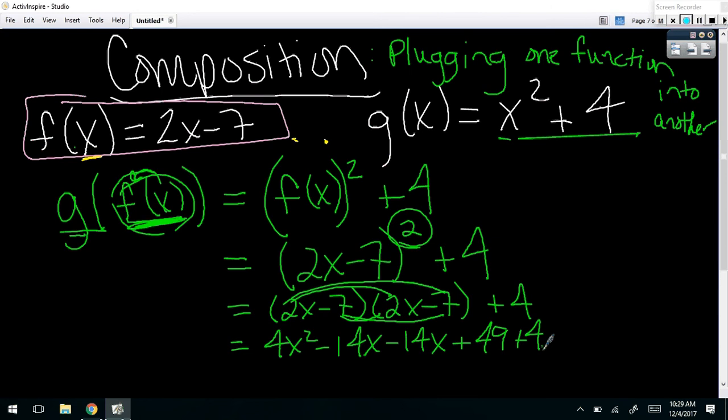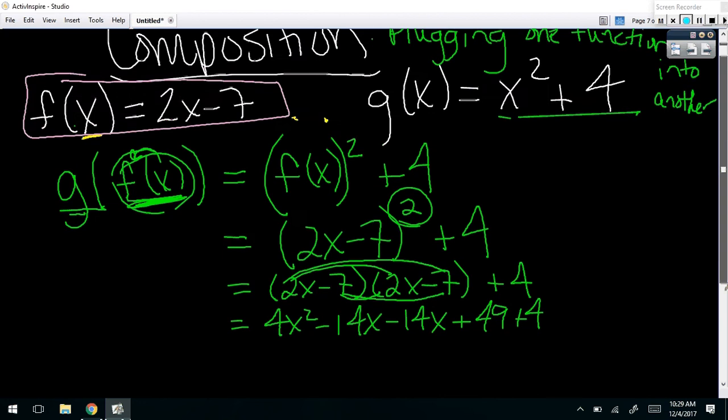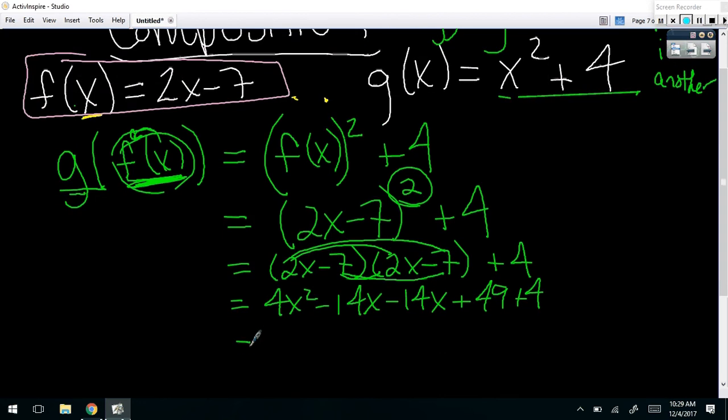These will get long. Combined, it would always be the second, it could be to the third or to the fourth. So 4x squared plus negative 28x. Remember when you're adding, plus 49.